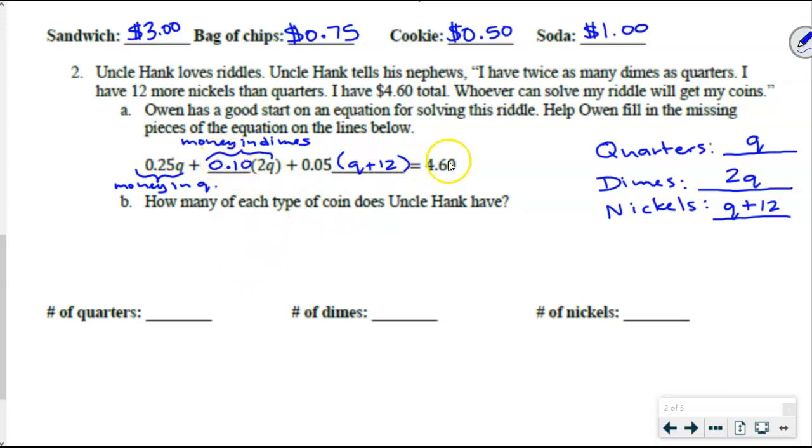Okay, and now that we have written this equation, now it is time to solve it. So we can answer how many quarters, how many dimes, and how many nickels Uncle Hank has. Let's solve this. 0.25Q. But now, for my next step, I need to simplify 0.1 times 2Q. That simplifies to... I'll wait. I'll just keep on waiting because y'all have calculators. So even if you can't do it in your head, like I just did, you have calculators.